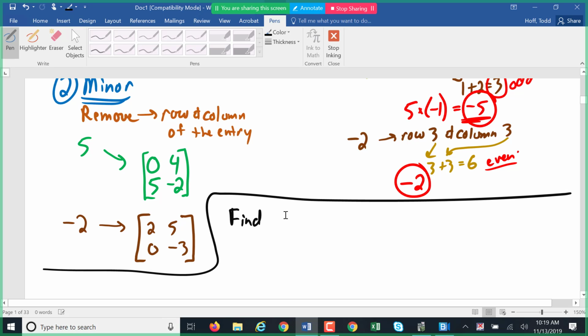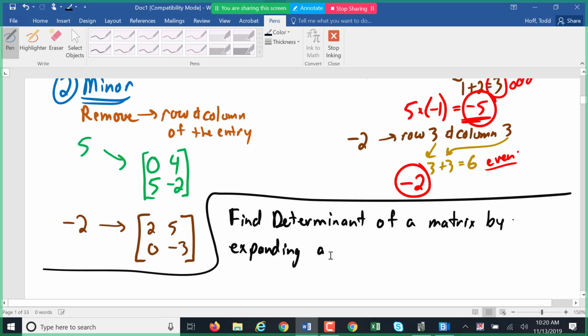So we can find the determinant of a matrix by expanding a row or column by using cofactors and minors.